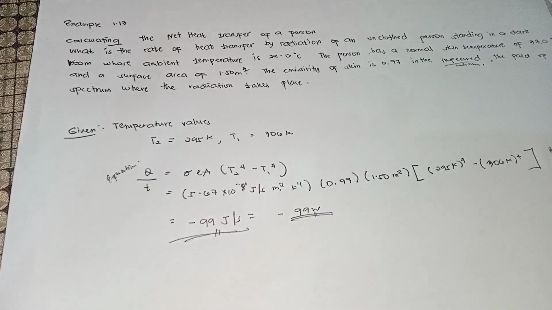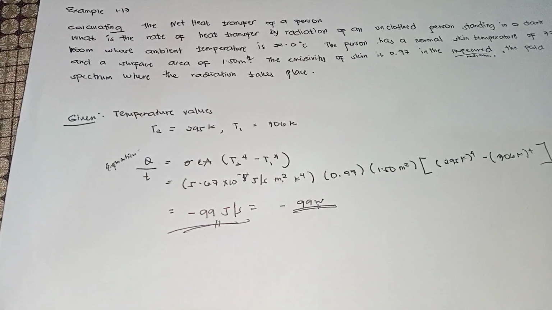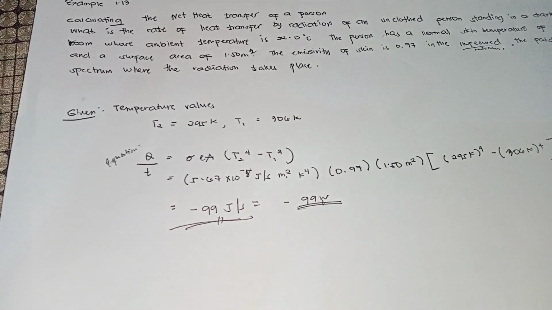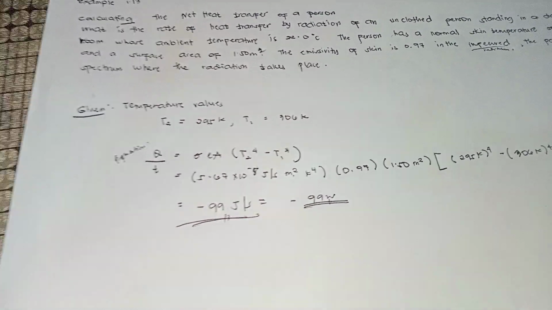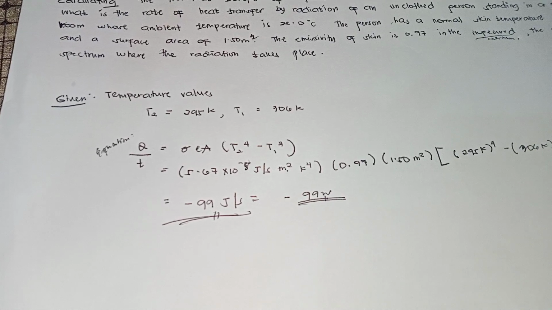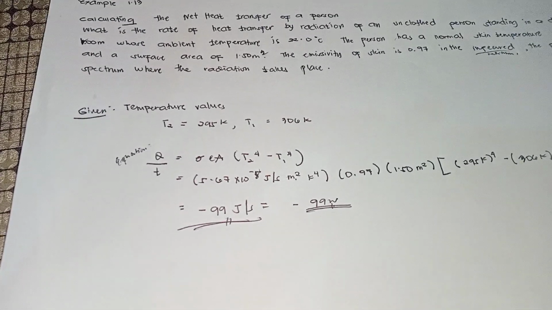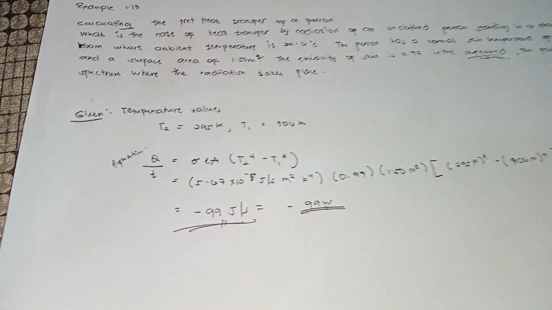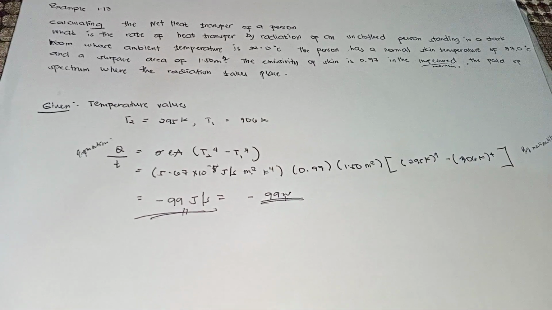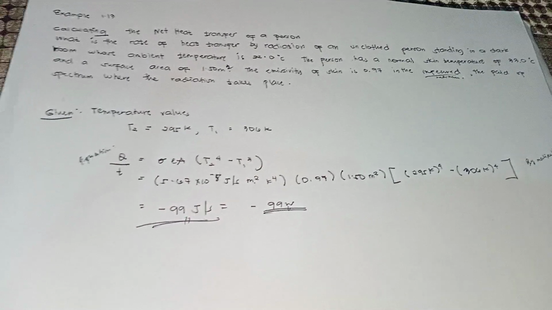So, given the temperature values, T2 equals 295 K and T1 equals 306 K. The equation is Q over T equals EA times T2 to the power of 4 minus T1 to the power of 4, which equals 5.67 times 10 to the power of negative 8 J per second meters squared K to the power of 4, times 0.97 times 1.50 meters squared, times 295 K to the power of 4 minus 306 K to the power of 4. The 306 K is T1, and the 295 K is T2.